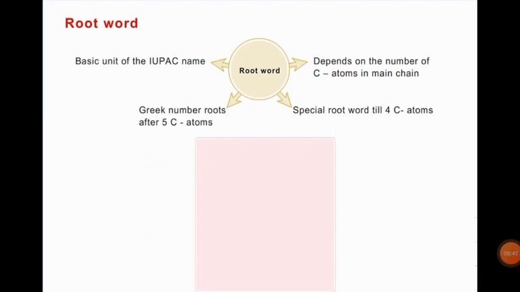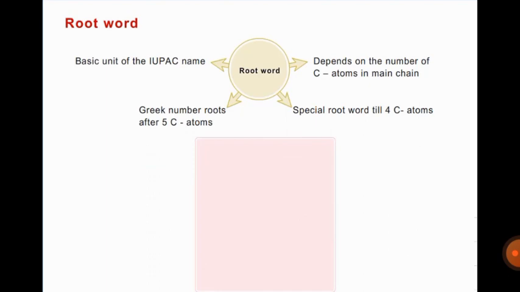Now let's talk about the root word. The root word is the basic unit of the IUPAC name, and it depends on the number of carbon atoms in the main chain, the longest continuous carbon chain. And how do we number it?